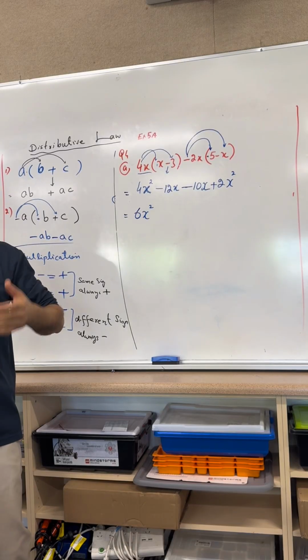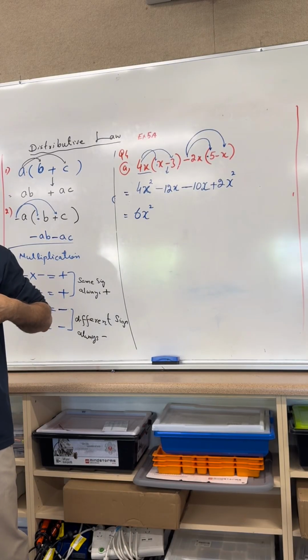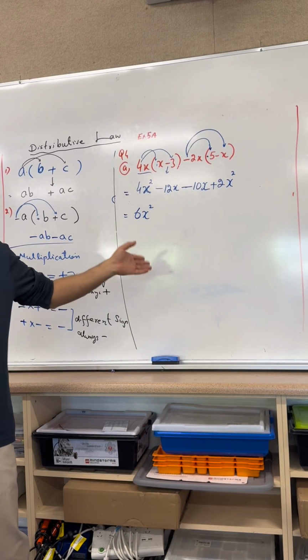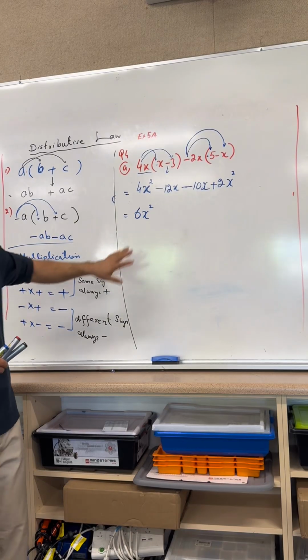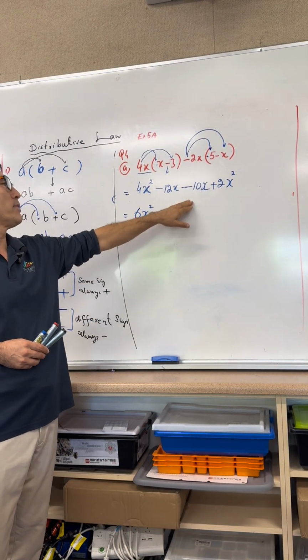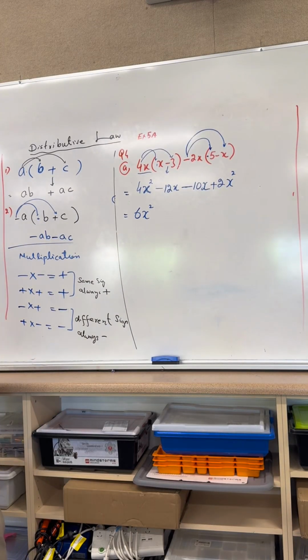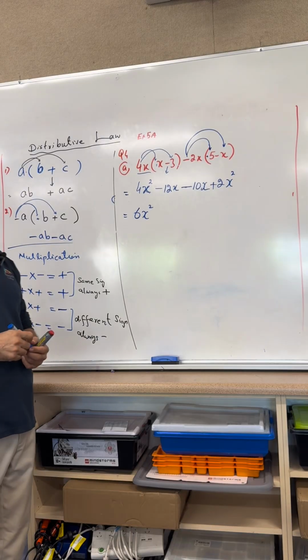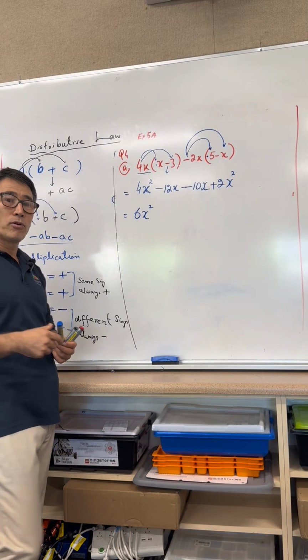It's just like you have $4 in your pocket and $2 in another pocket. When you combine them, that becomes $6. Now, what about these two? Negative 12x and negative 10x. Both are negatives. Do you remember the previous rule? Same sign. Do you add them or subtract them? Add them, but the sign will remain the same.